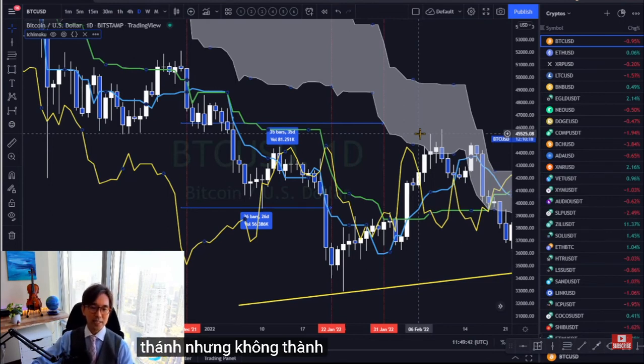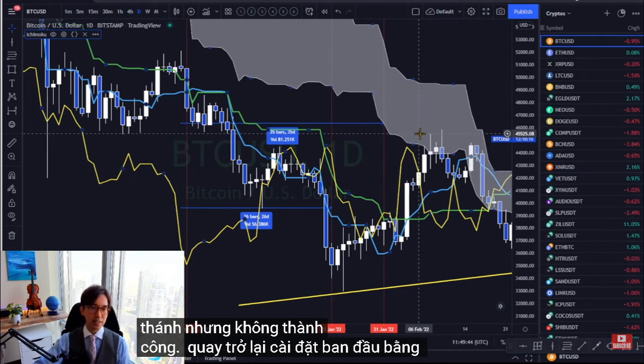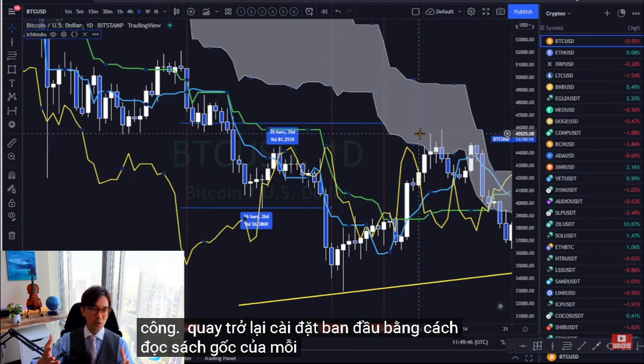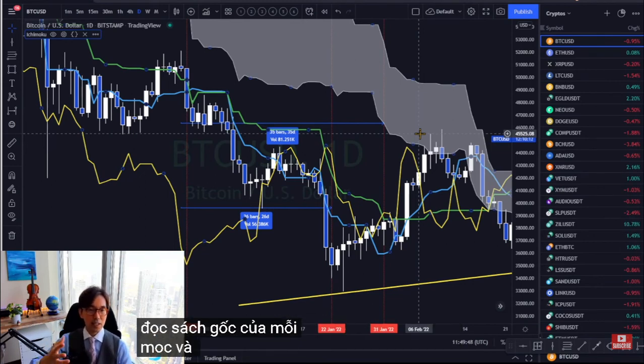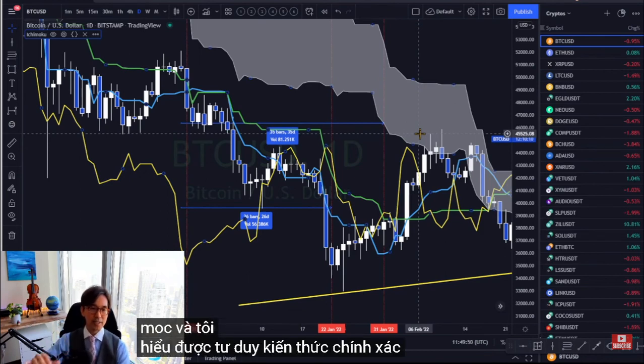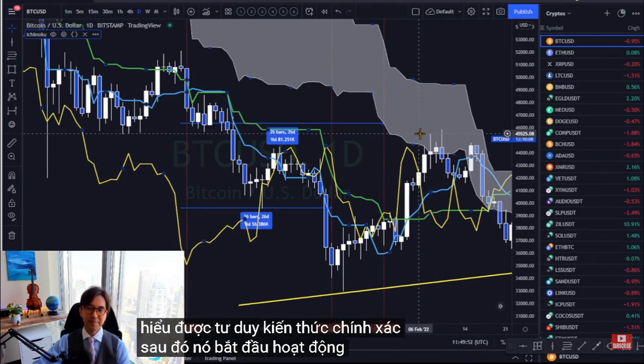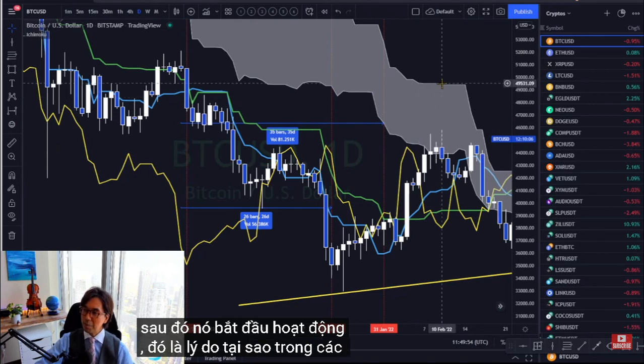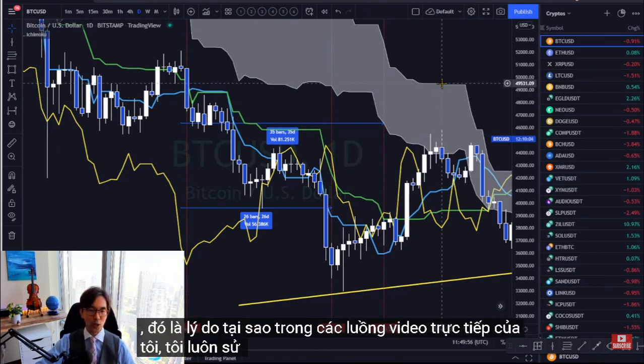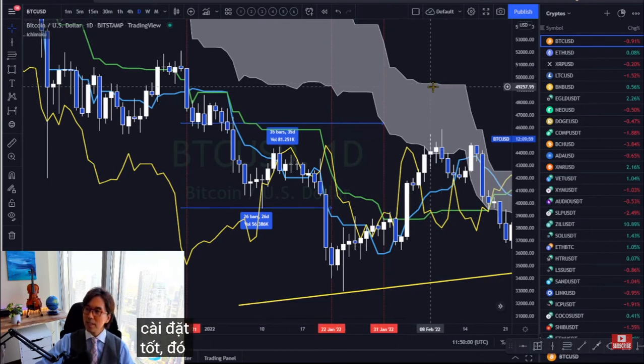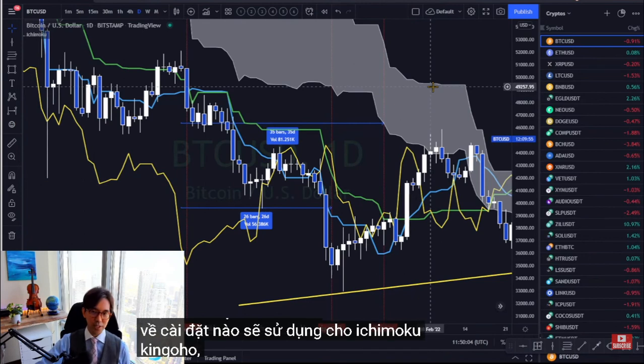So after that, I came back to the original setting by reading the original books of Ichimoku, and I gained the correct knowledge and mindset, and then it started to work. That's why in my live streams or videos, I always use default Ichimoku settings. So that's my comment about which settings to use for Ichimoku Kinko Hyo.